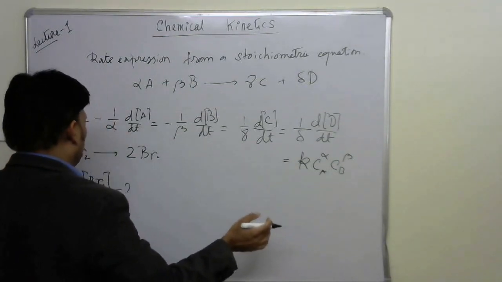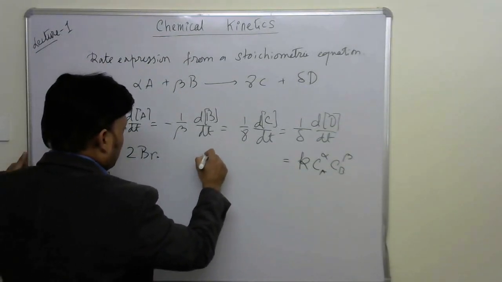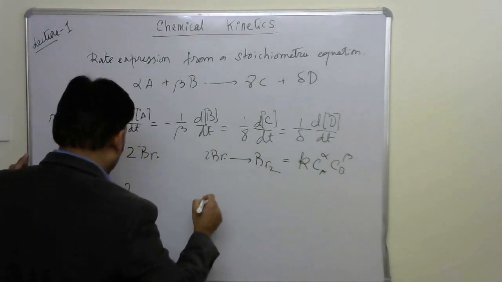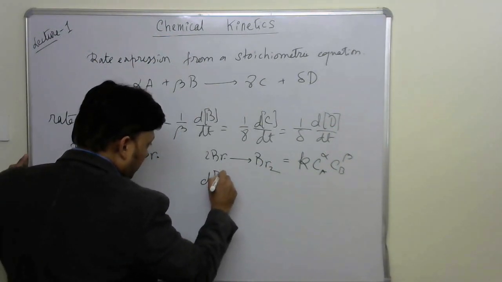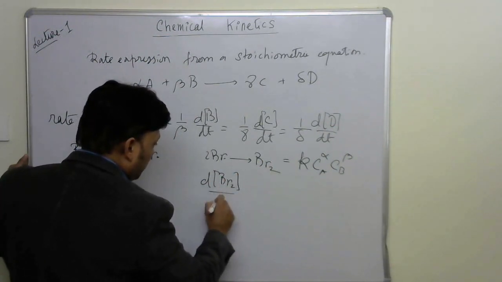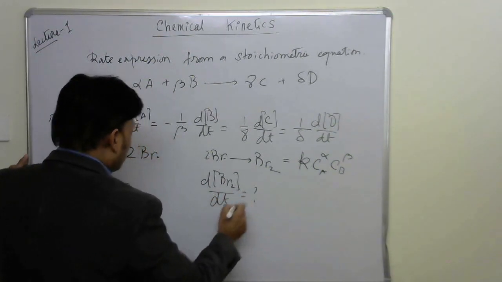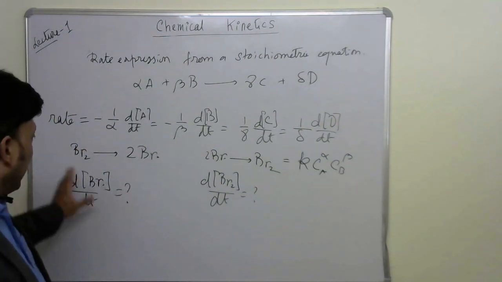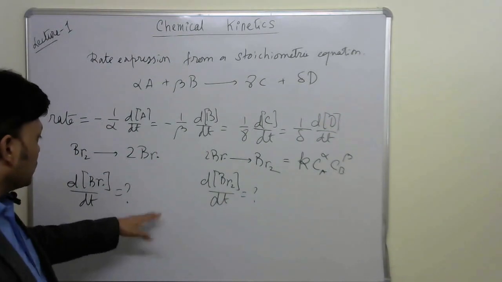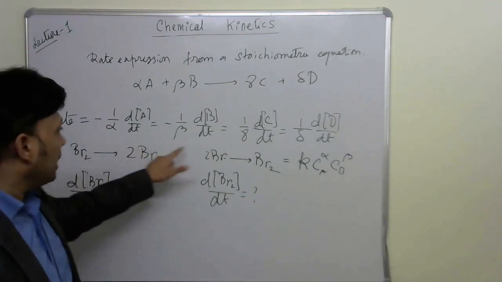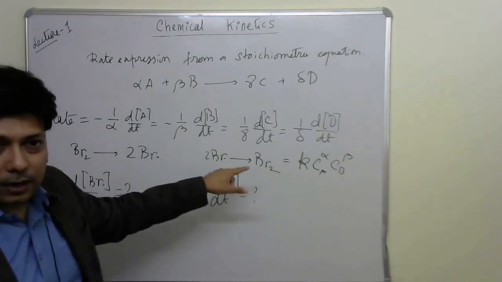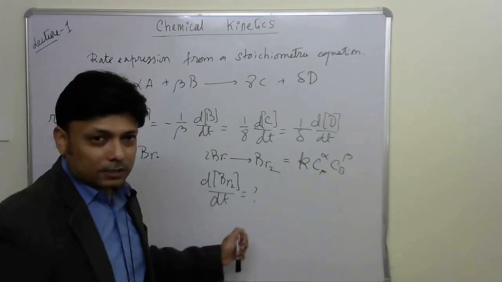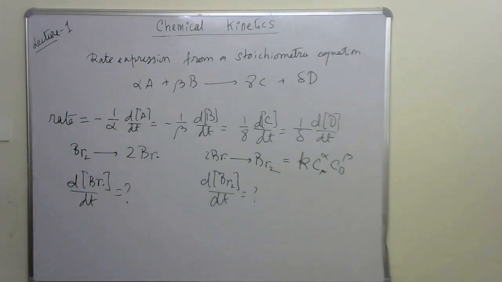Or in other words, going to the reverse one, if 2 Br dot gives you Br2, can we find the rate equation of d[Br2]/dt? I want you to find the correct rate expression using K and the concentration of Br dot or Br2 with respect to time. You have to take the help of this little formula. Please find it out, and we'll later check whether your answer is correct.